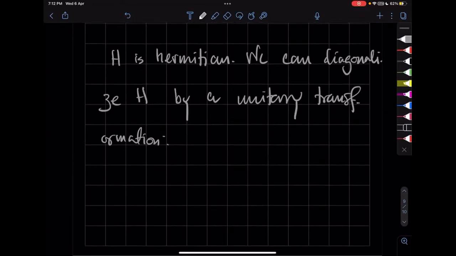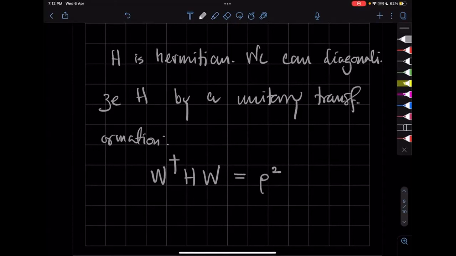So we can say there exists a unitary operator W such that if I conjugate it, if I take a similarity transformation of H, then we get a diagonal matrix, and let's call that matrix rho squared.